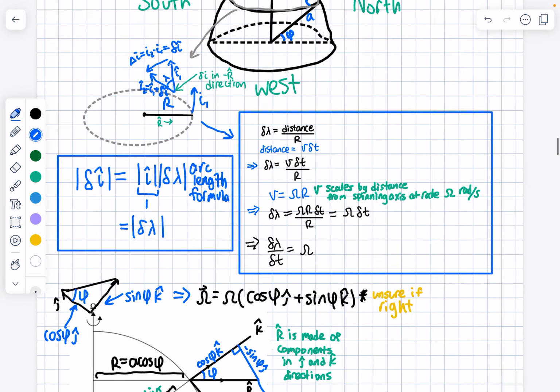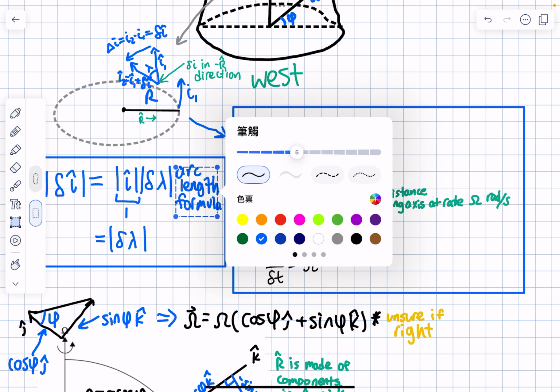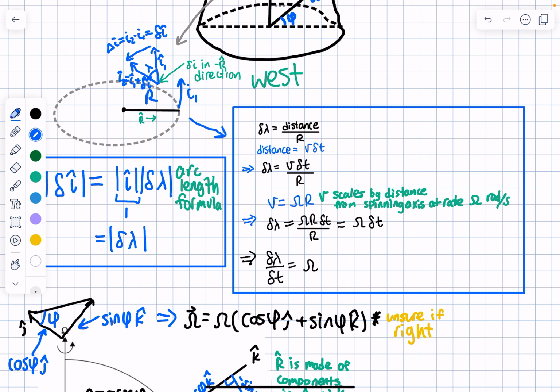So one thing we can tell from this situation, using the arc length formula, is that the angle, we're calling it d lambda, because this angle here will be lambda, which is the longitude, d lambda times this side, i1, will be equal to this side.